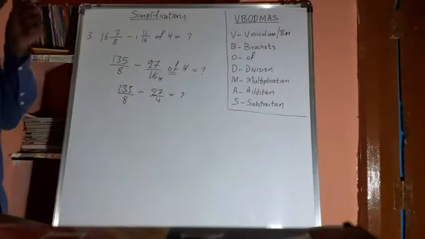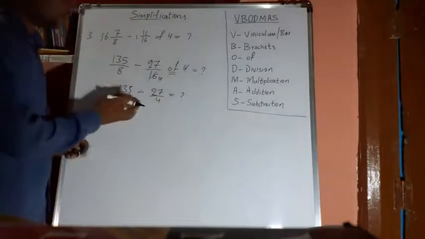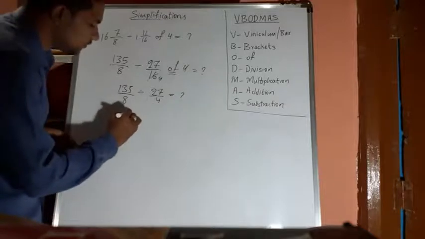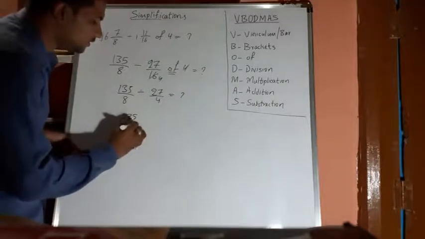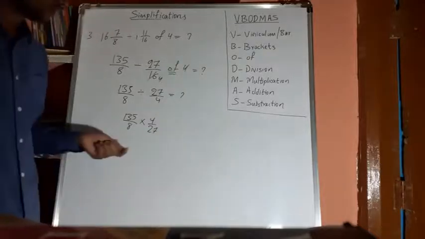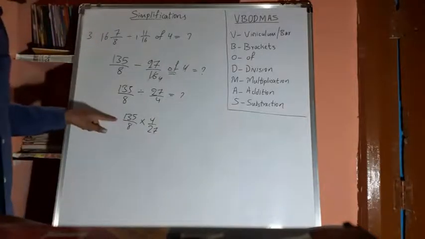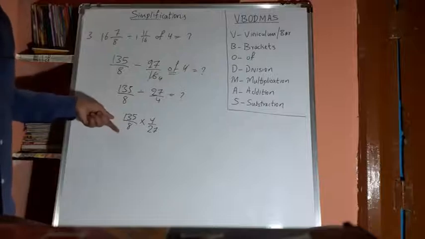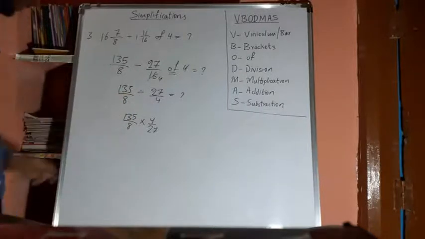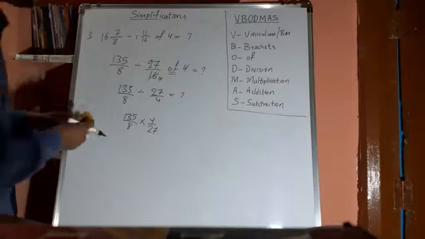So friends, see here, normally when a situation comes like this, what the students do is 135 by 8 into 4 by 27. Don't waste this much time here again. This is an unnecessary step. We can do the simplification here itself. Don't write this step. See how to do it.